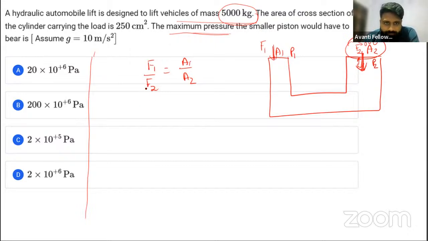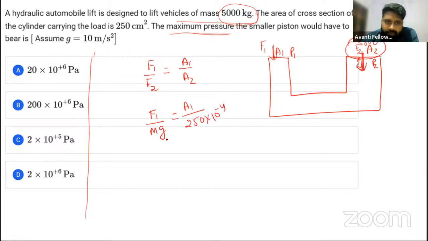So from this, F1, which we do not know, divided by F2, the weight, which is mg, equals A1, which we do not know, over A2, which is 250 centimeters square, that is 250 times 10 raised to the power minus 4.